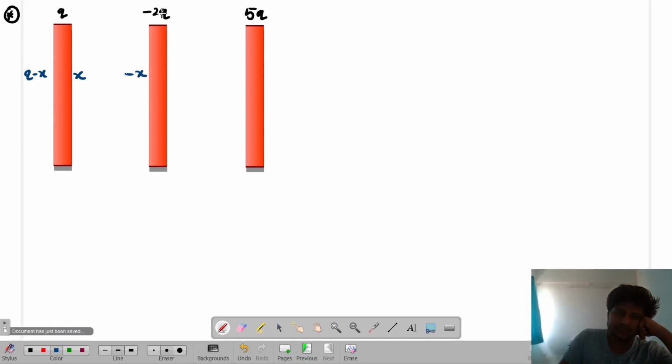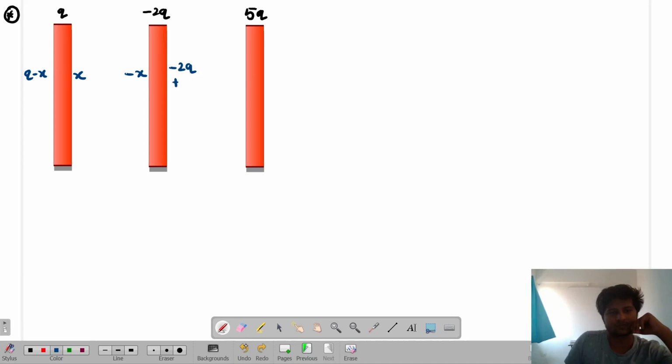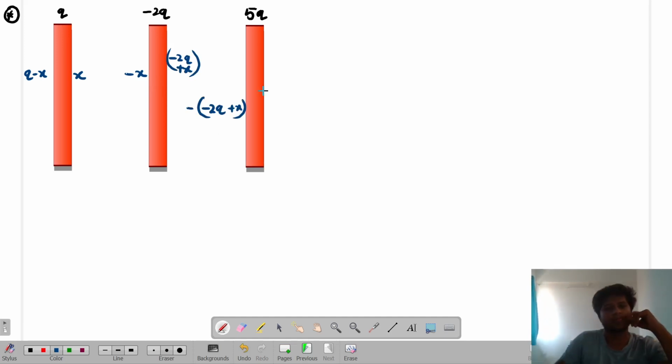And then this minus 2Q plus x. Is that clear? This one will be minus 2Q, minus of minus 2Q plus x, isn't it? So 5Q plus 2Q plus x. Is that clear?